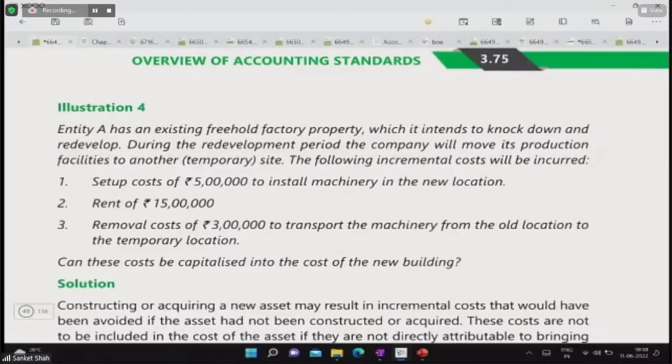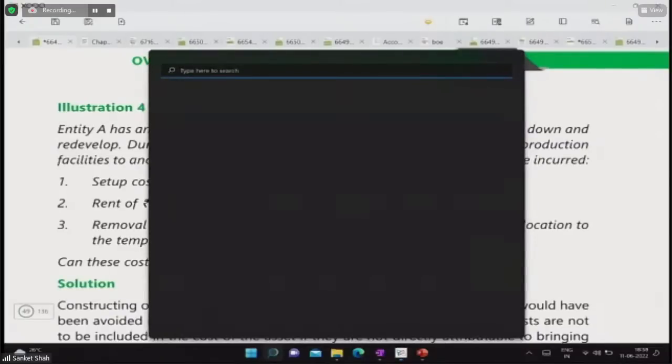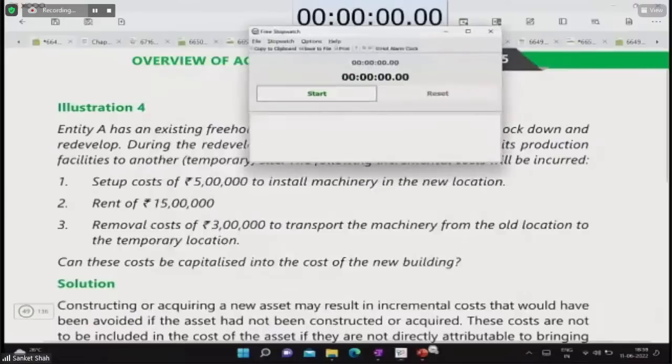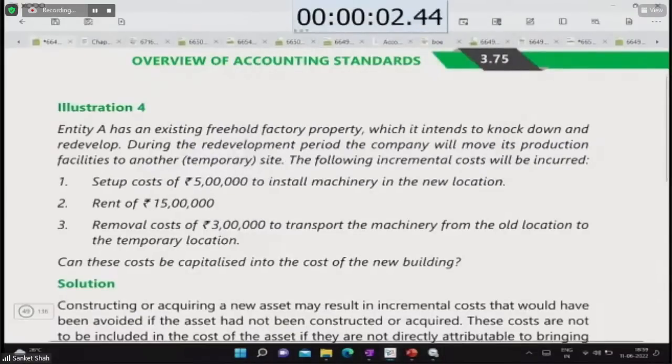Four to 7 questions, you have exactly 5 minutes. Chalo, start. 6 minutes I am giving you. You tell me the answer, all questions. Send me answers.